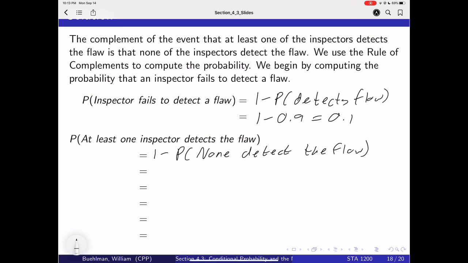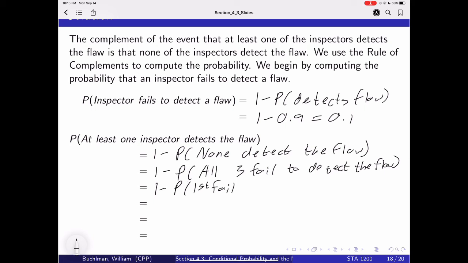So that is equal to 1 minus the probability that all 3 fail to detect the flaw. Which is equal to 1 minus the probability that the first one fails and the second one fails and the third one fails.